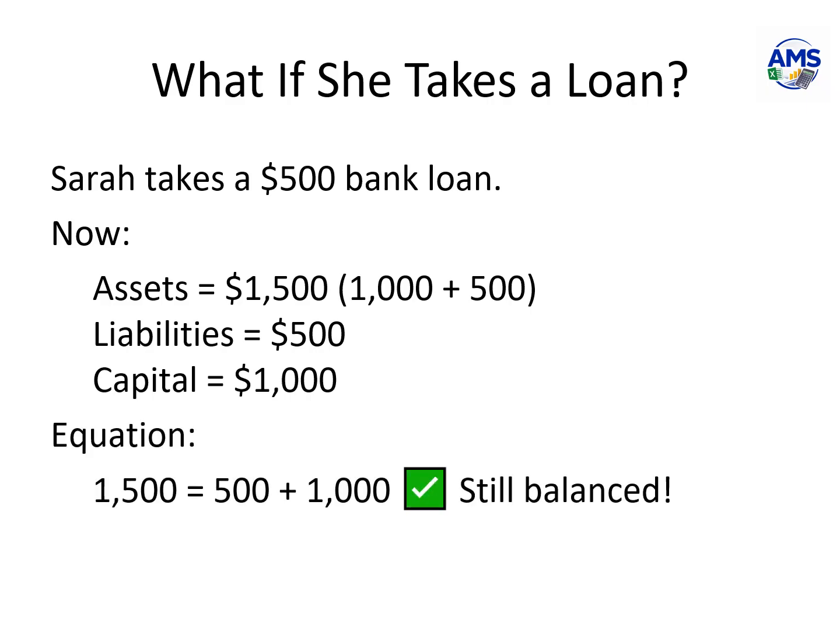The equation is still balanced because the liabilities of $500 plus the capital of $1,000 equals the assets the business owns of 1,500. So it's still balanced.